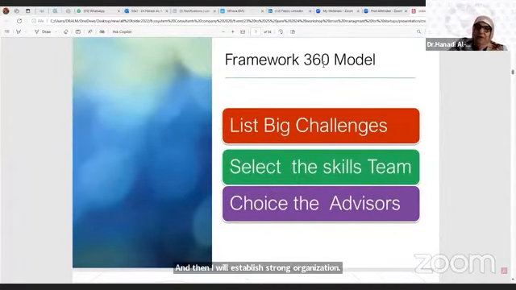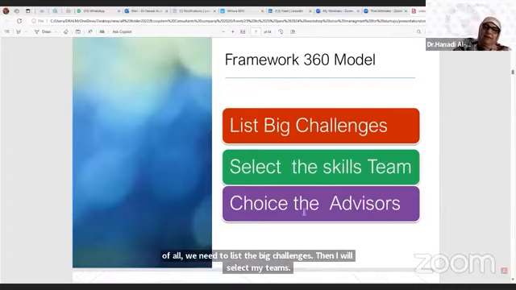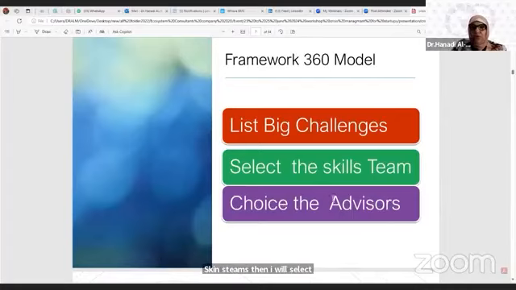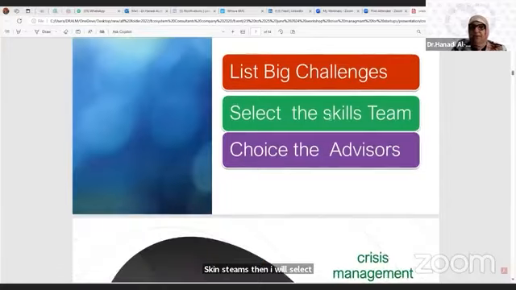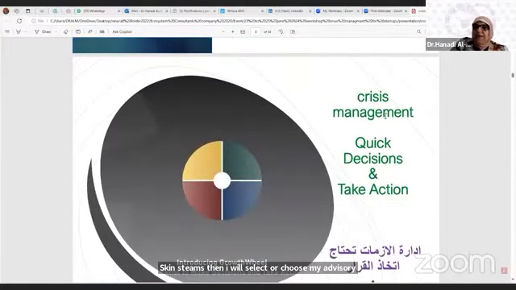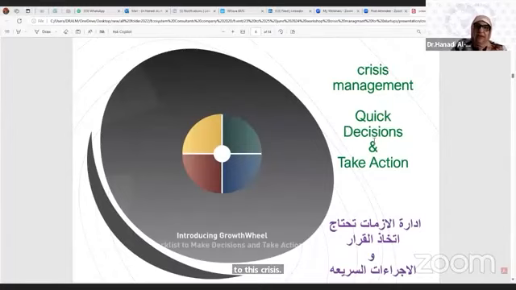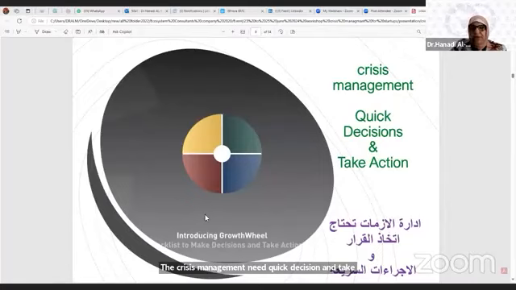In the framework of the 360 model, first of all, we need to list the big challenges, then I will select my teams, skills teams, then I will select or choose my advisory for this crisis. Crisis management needs quick decisions and action. It's the concept or strategy of the 360 Growth Wheel.